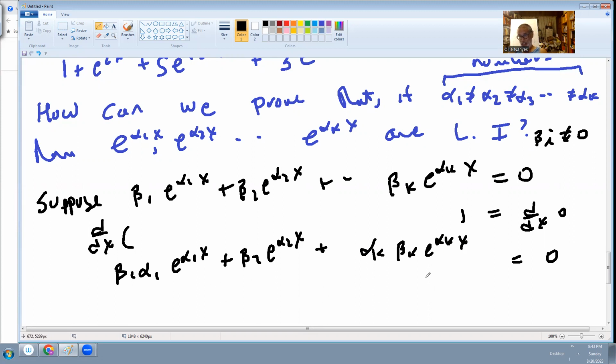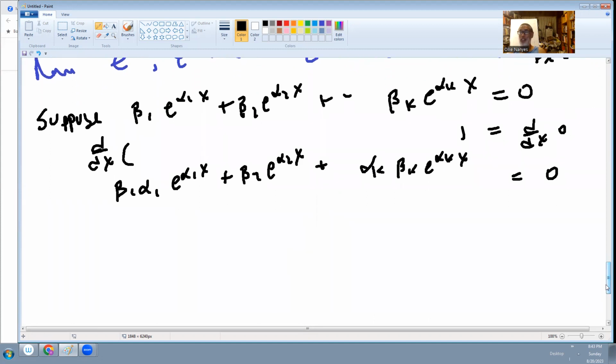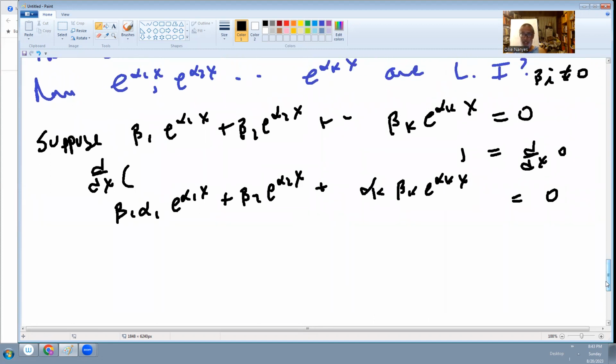Differentiating both sides, this must be 0. And you can do this. What I want to do is create k different equations. So this is the first equation. This is the second equation. You can continue to differentiate. So do the second derivative. Well, the second derivative gives you this.